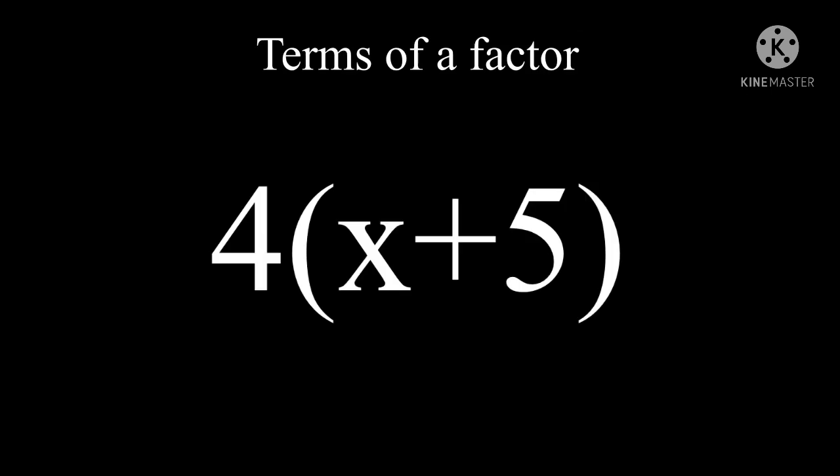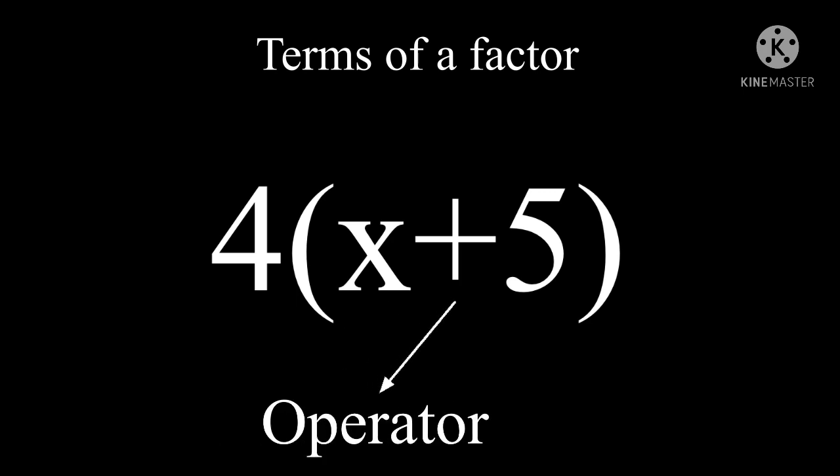Let's go over the terms of a factor. So, the first number is the first term. The second one, in parentheses, the x right here, is the second term. The operator is any operator that would be inside of the parentheses, so plus, minus, division, multiplication, anything.